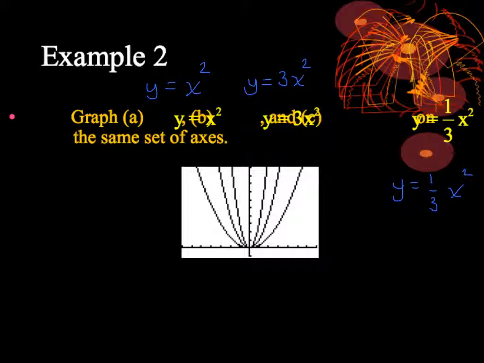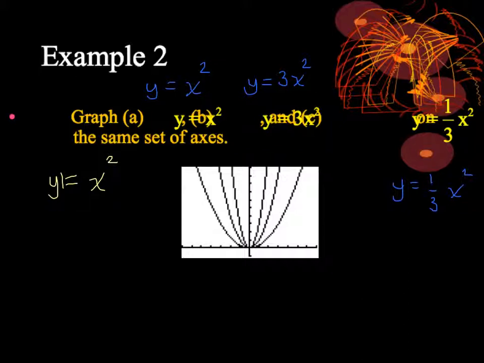And so what I did was I went to my y equals window, or y equals function button, which is the very far left button underneath your window on your calculator. And in y1, I typed x and then the x squared key.